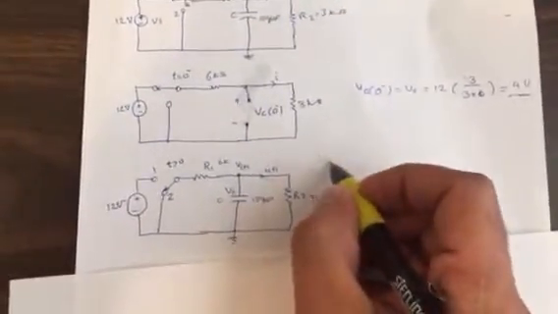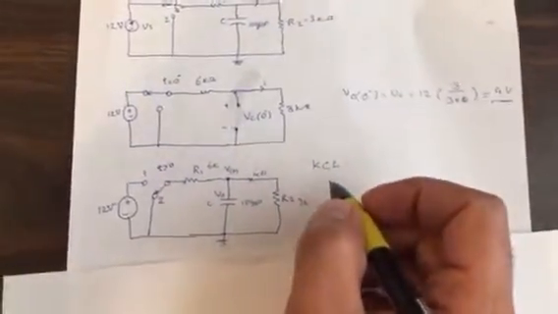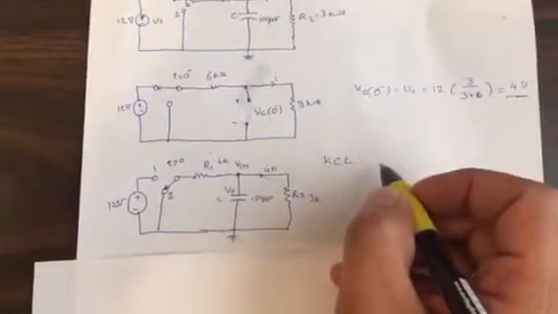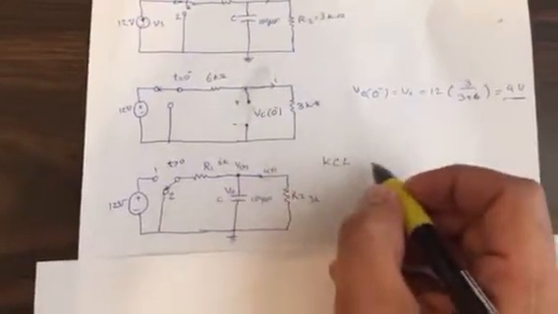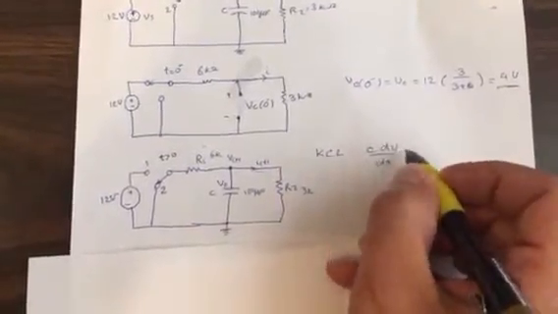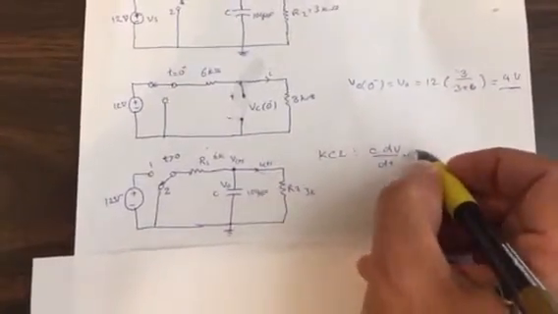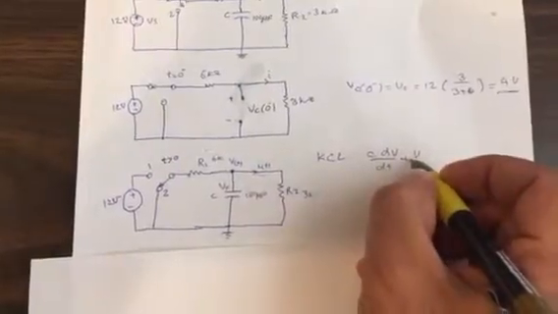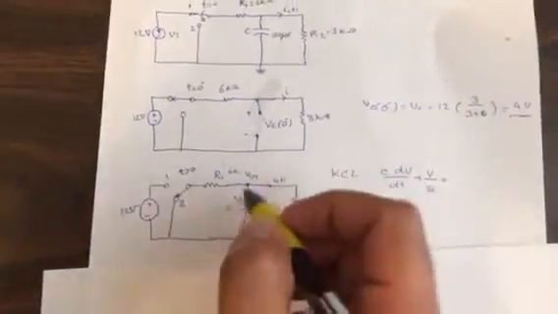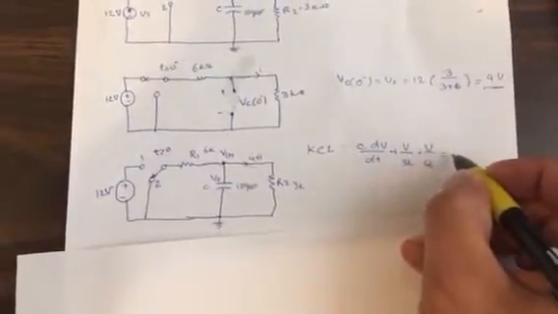So if I write a KCL over here, the current that is coming from the capacitor is C dV over dt, plus the current that is going over here, V over 3K, plus the current that is going over here, V over 6K, is equal to 0.